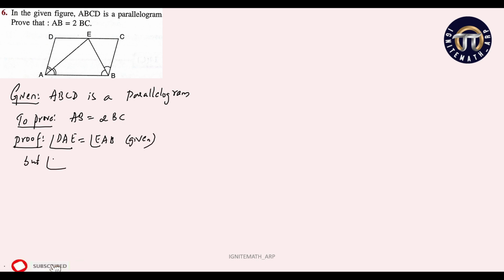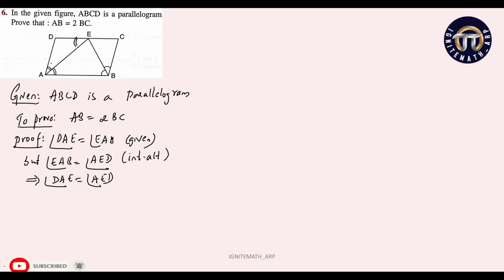But I can say that EAB is equal to AED, because they are interior alternate angles. So equals to equals are equal. So I can say that DAE is equal to AED.